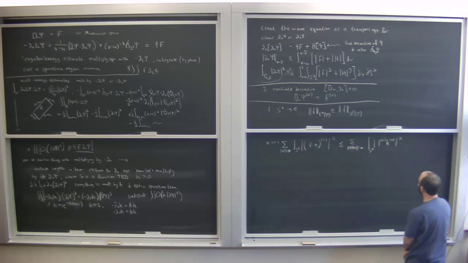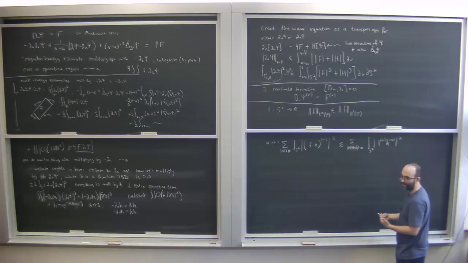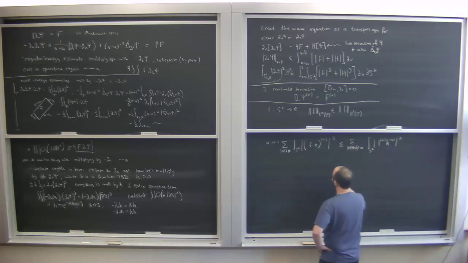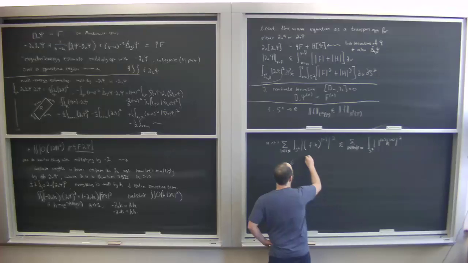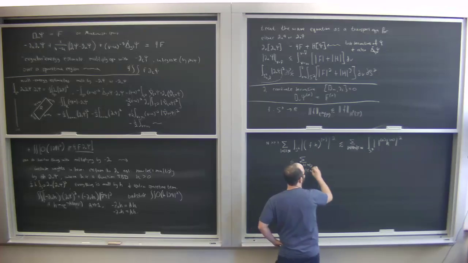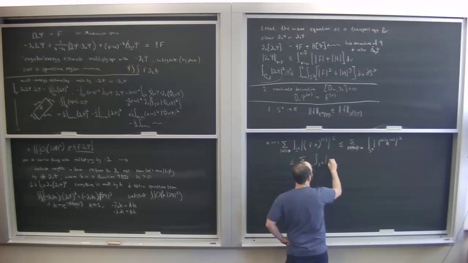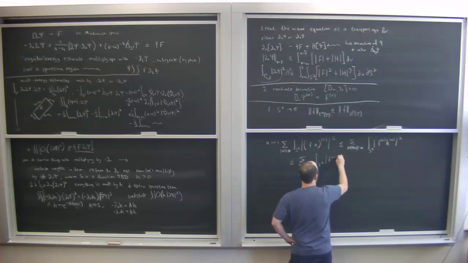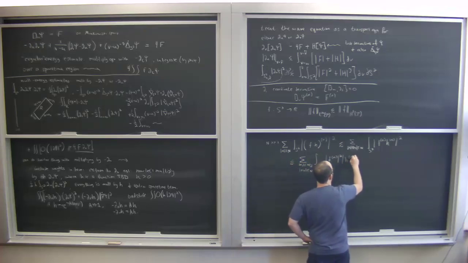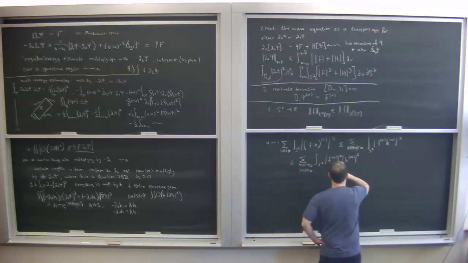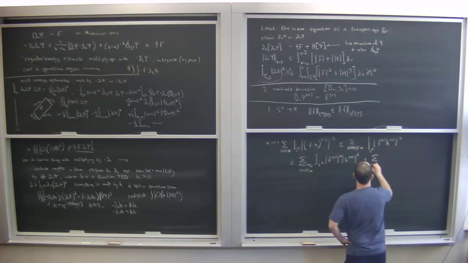And then at some point it's the silly thing: if alpha 1 plus alpha 2 is equal to n, one of them has to be less than n over 2. So in reality, I can write this as the sum of alpha 1 less than n over 2, alpha 2 less than n, of f alpha 1 squared times h alpha 2 squared, plus the sum alpha 1 less than n and alpha 2 less than n over 2.